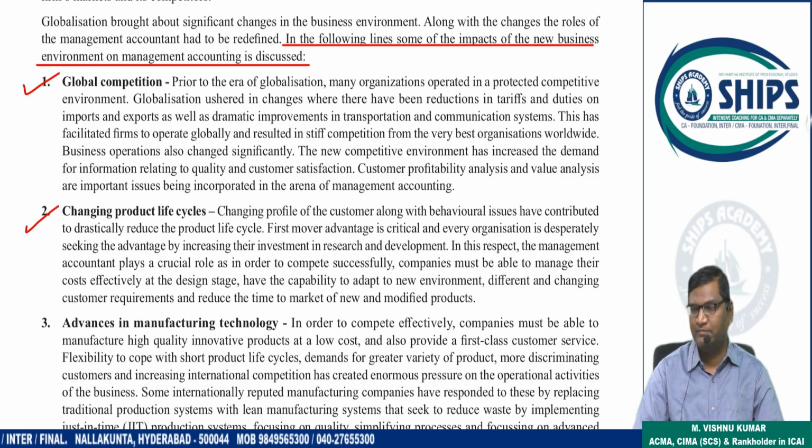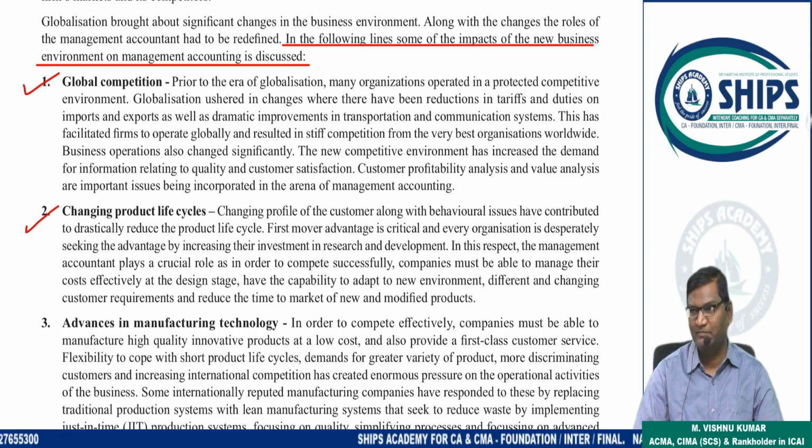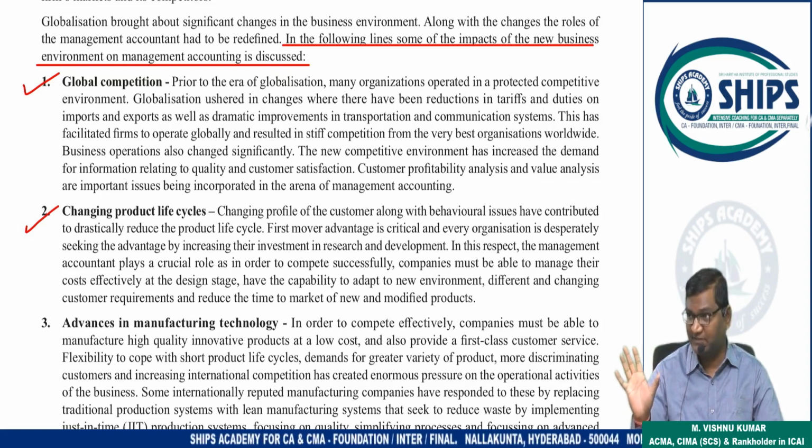Clear? So motor cars, India. Actually, the company which manufactured the motor car first in the world is Ford company. Clear? But right now in India, Ford company is not operating the business.